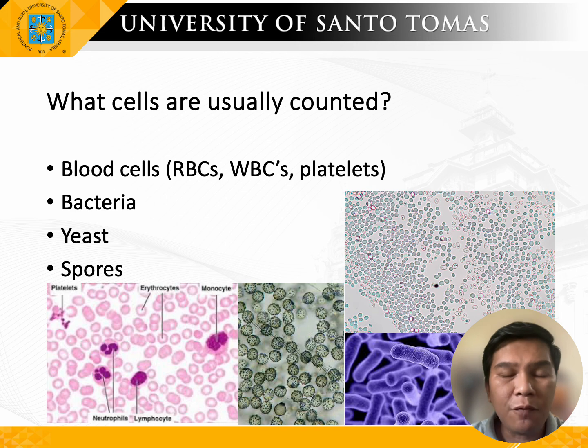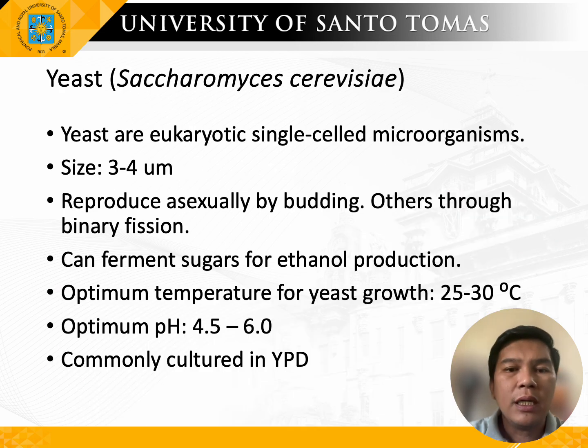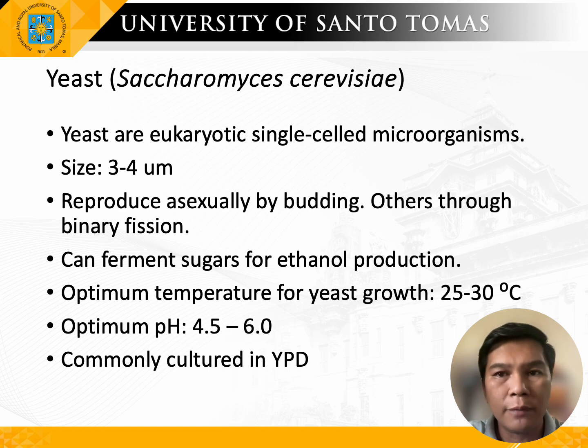So if we're going to perform the counting of your organisms, let us first talk about these organisms, especially of course the culturing of your yeast. Yeast are also known as your Saccharomyces cerevisiae. Yeast are of course eukaryotic single-celled organisms, and the size of these organisms is around 3 to 4 micrometers.